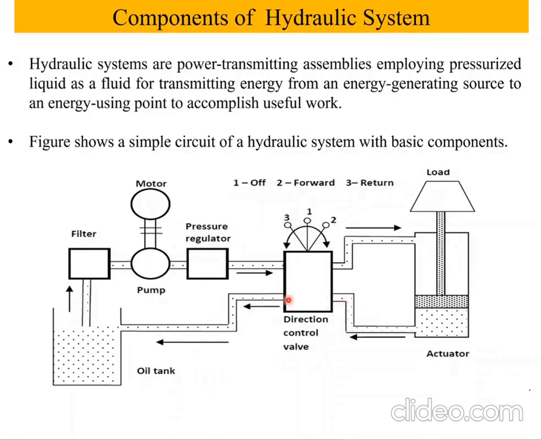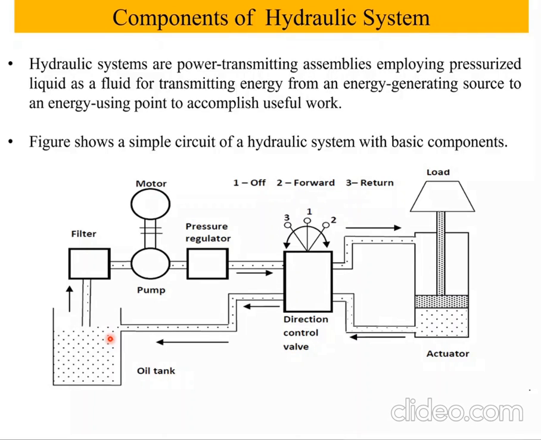The return path is connected from the cylinder back to the oil tank, and now the oil in the bottom side of the actuator, which is nothing but the cylinder, will move back through this direction control valve. You can see the arrows. It is in the return direction. Here it was in forward direction, here it is in return or inverse direction, and it goes back to the oil tank, and hence this system is called a closed system.